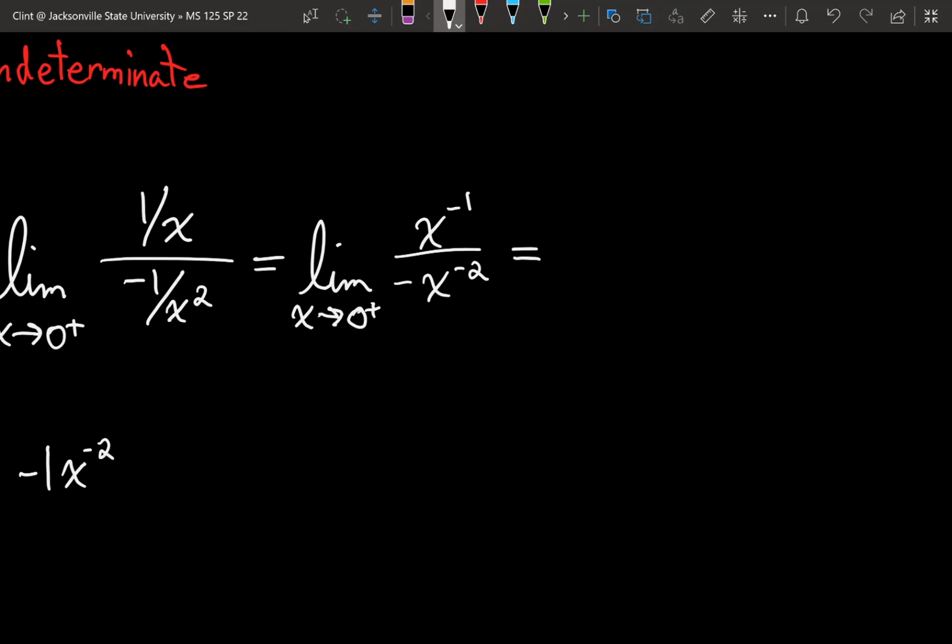What's our rule if we've got a quotient? Yeah, we subtract the exponents. You have to be a little careful because of all the negative signs. So we've got -1 minus -2. That's -1 plus 2. It's 1.